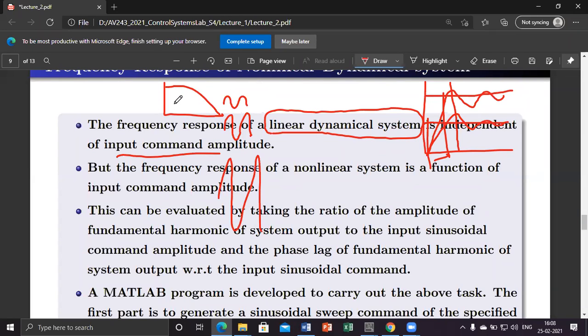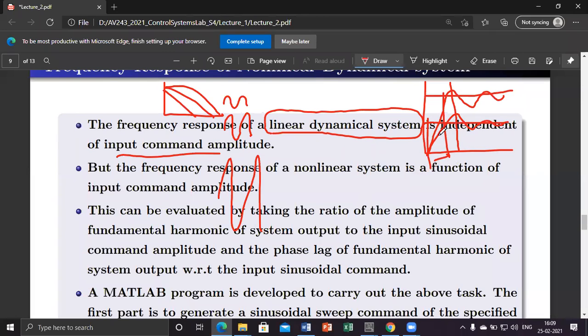You take the input-output property and take the bandwidth. The ratio of output amplitude to input amplitude will remain the same if the system is a linear dynamical system. But if you introduce nonlinearity, this frequency response will become different. If you increase the amplitude, the bandwidth will come down.